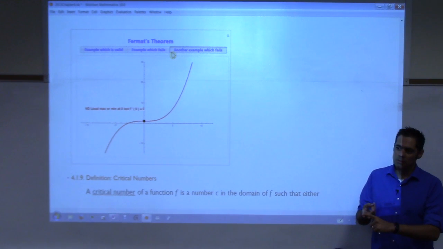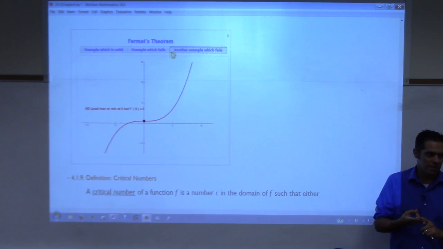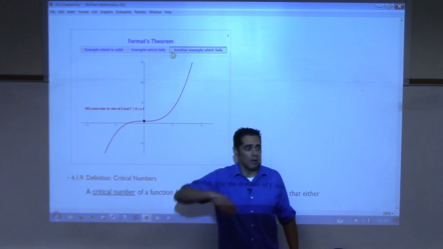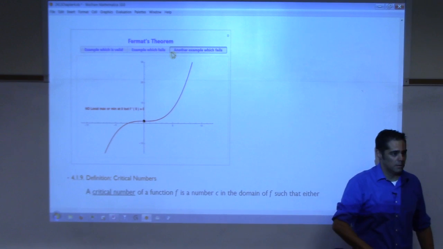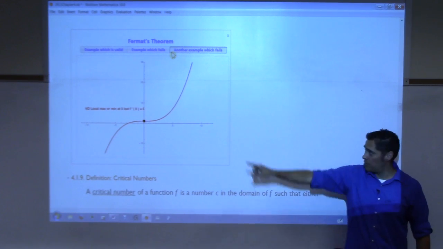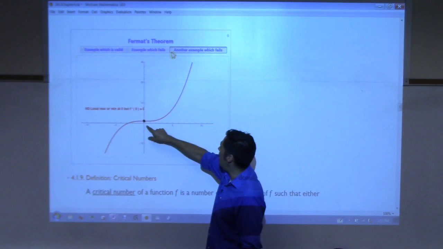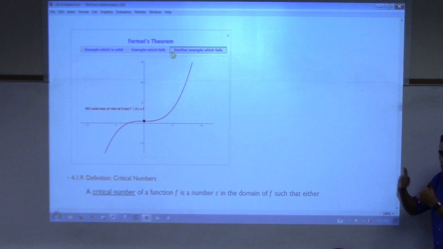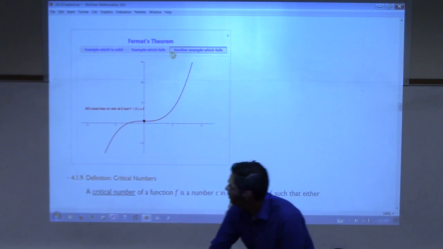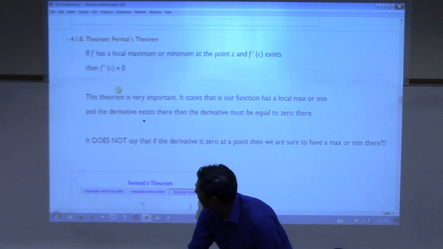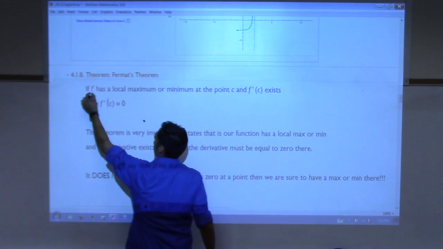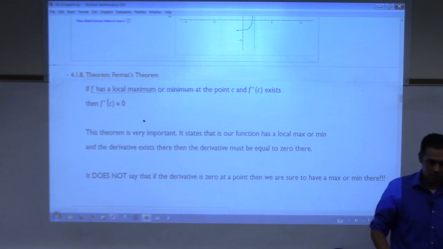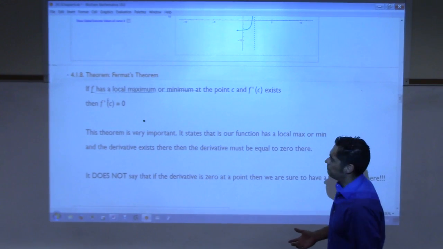No. So we have to be very careful here. Just because you have a derivative equal to 0 does not mean that you are at a max or a min. The theorem is out the window here because the theorem says very specifically, if f has a local max or min. That picture I just showed you didn't have one. So you can't use it.